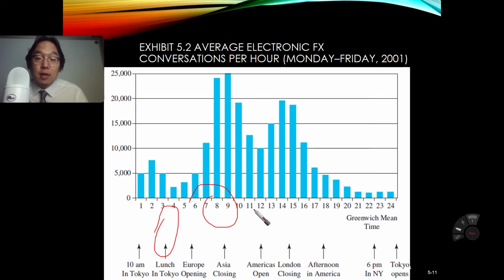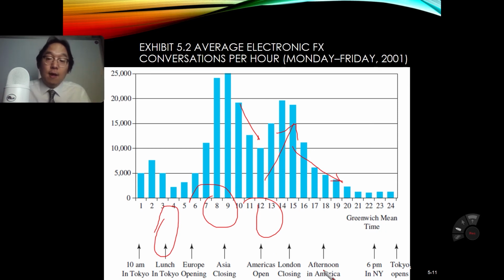Then the American market opens later on, and that's the time when the London market peaks off, goes down, and the New York market starts to take off. Afterwards, the market settles down peacefully, I guess. At 6 p.m. in New York, and then afterwards Tokyo opens. There are some intermittent silent hours, but that's that.